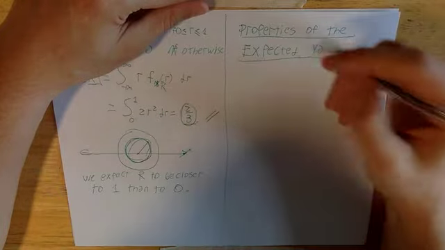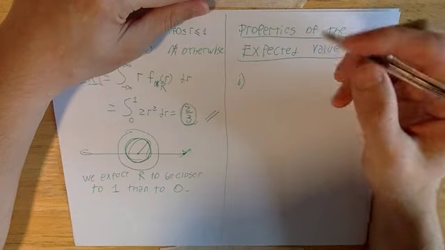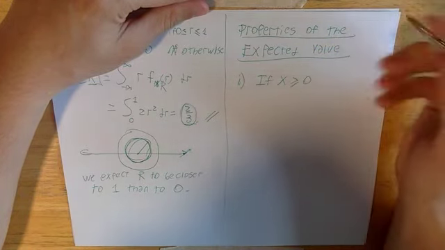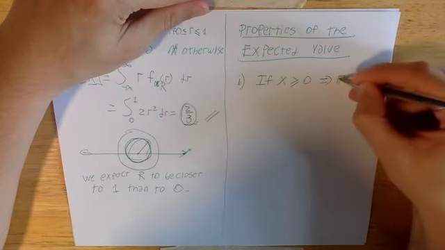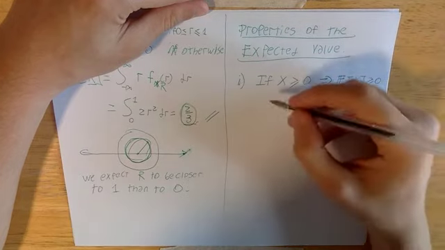They're really similar to the ones for the discrete case. If X is positive, so the image of your random variable is positive, then the expectation of X is positive.